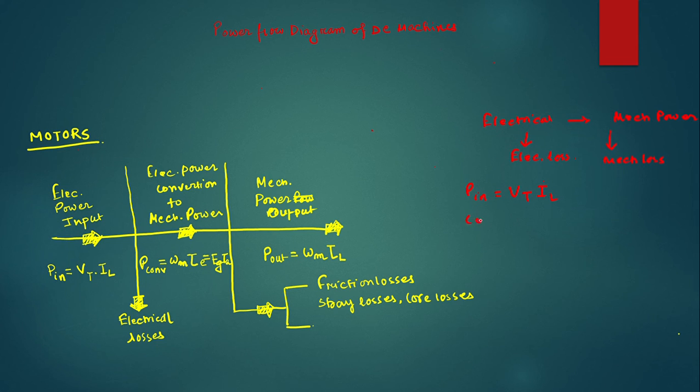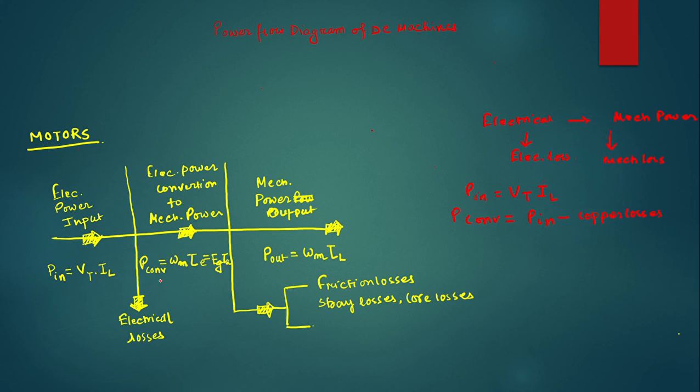Now P converted will be the input power minus copper losses or electrical losses, right? Before conversion.